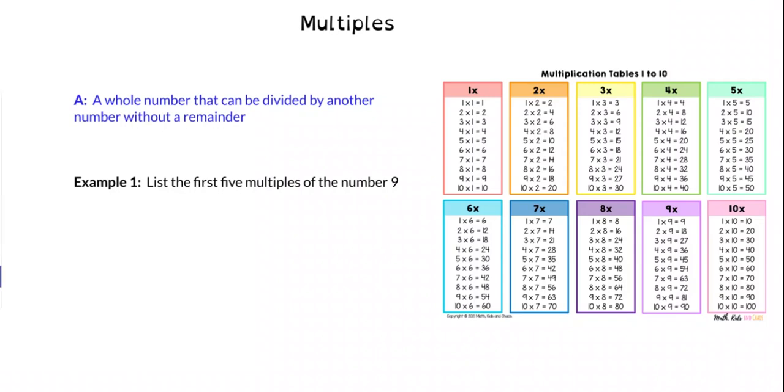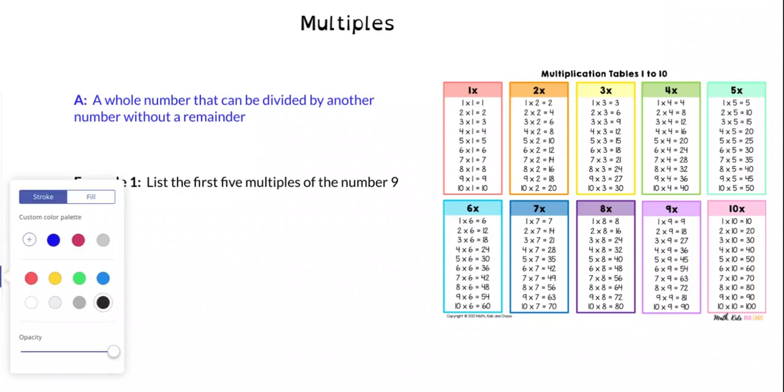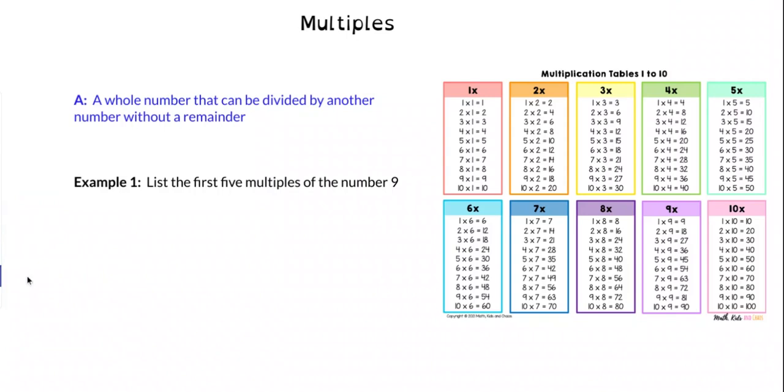The example says, list the first 5 multiples of the number 9. Try not to look if you can. It's great if you know your multiplication facts. If not, and we need to look, that's okay.